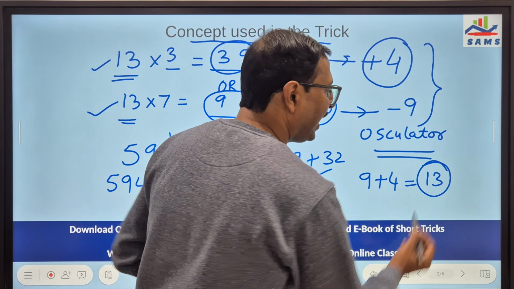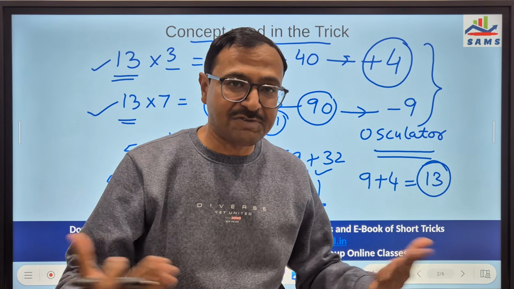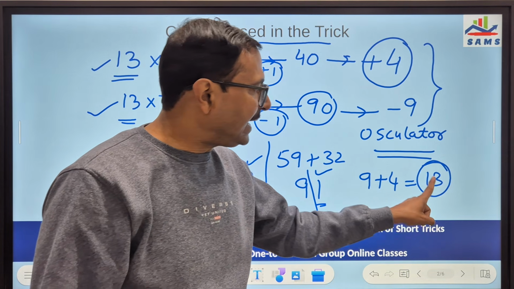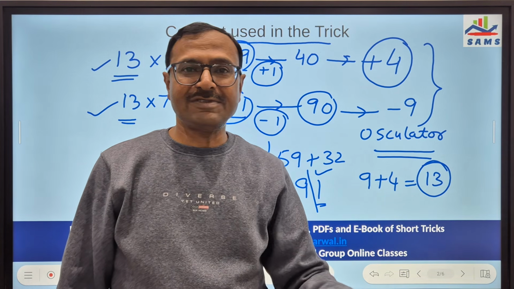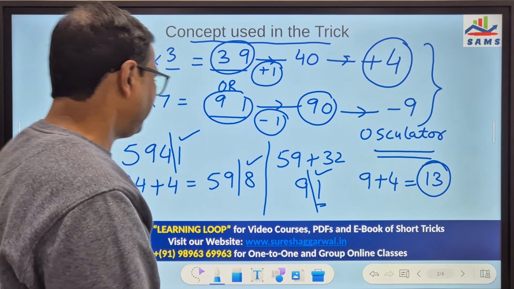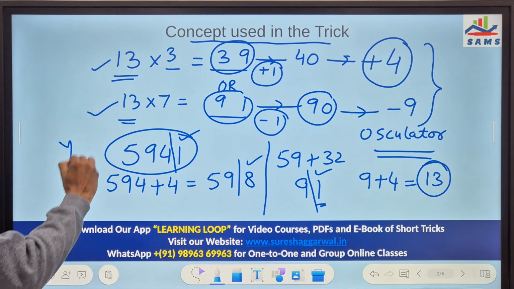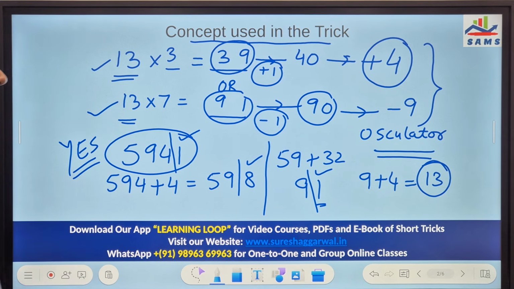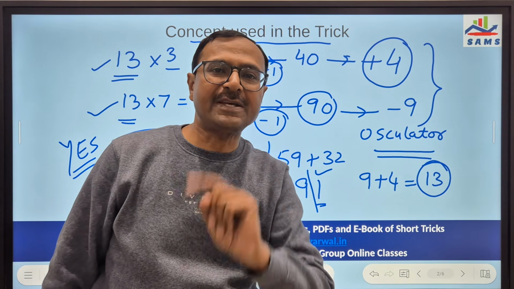And suddenly I have a 13 which is divisible by 13. So at the end, when you get a number which is divisible by 13 or you get a 0, then the entire number is divisible by 13. So that is the use of this oscillator plus 4.